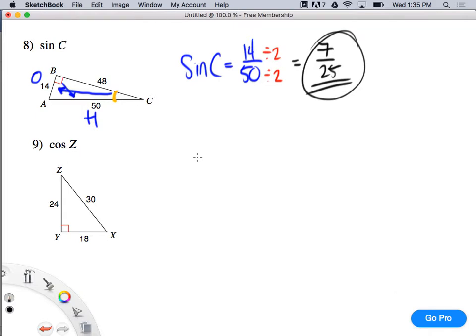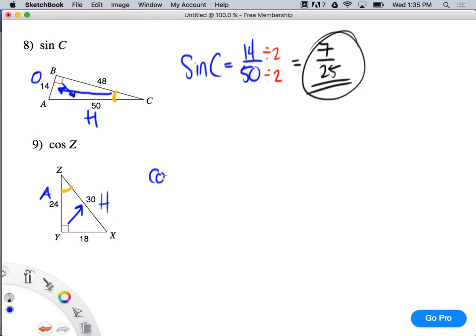All right. So cosine of Z. So identify my angle, and cosine is what? Which sides? SOHCAHTOA. Good. So here's the adjacent side, and this one opposite the right angle is hypotenuse. The adjacent leg and the hypotenuse.